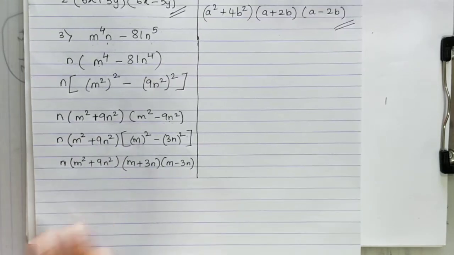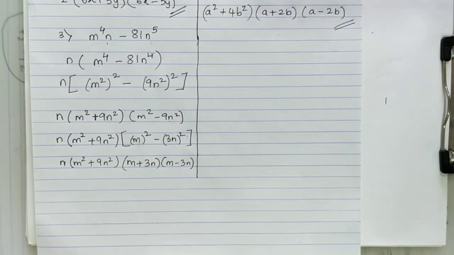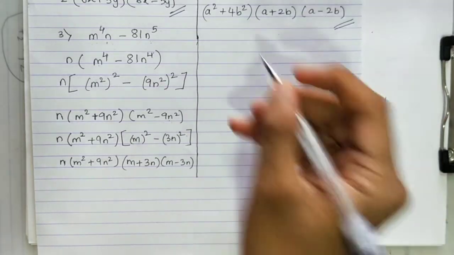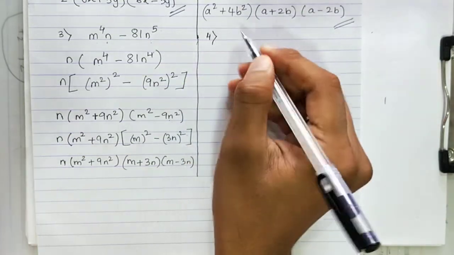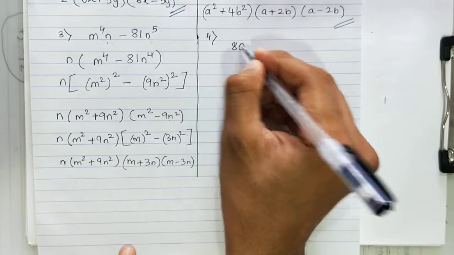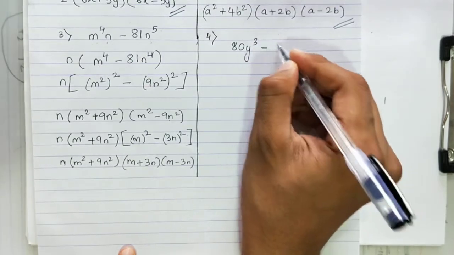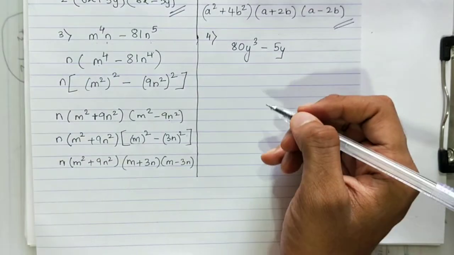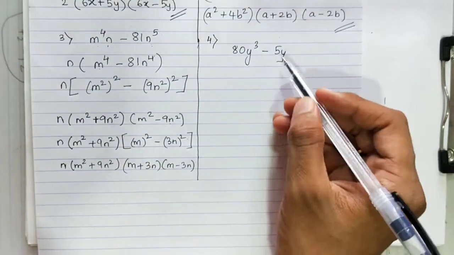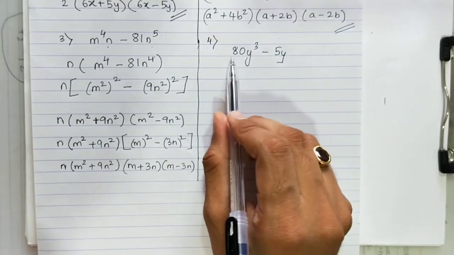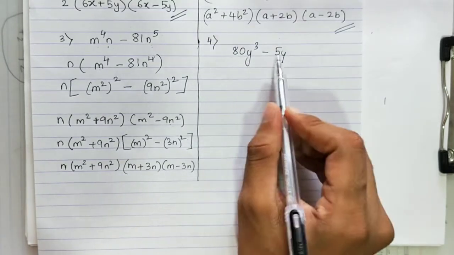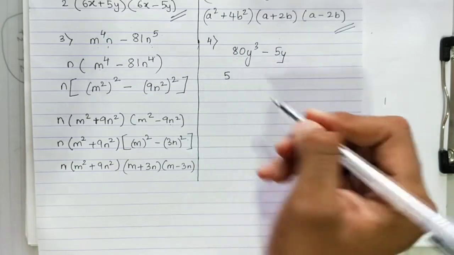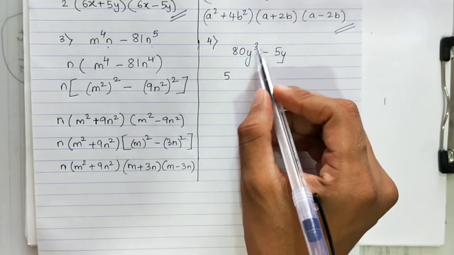Copy the sum. In the fourth sum, first we take common. So here from 80 and 5, I can take 5 common. And I can also take this y cube and y.